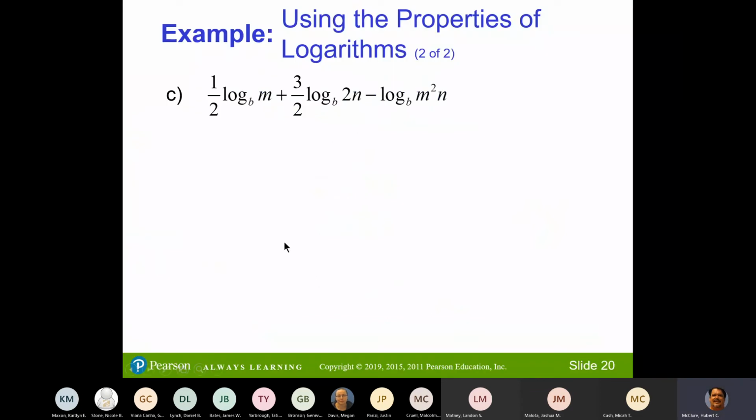All right, try this one. We got 4 minutes, so that gives y'all 2 minutes, and it gives me 2 minutes to do it. Or I'm sorry, 1.5 minutes.